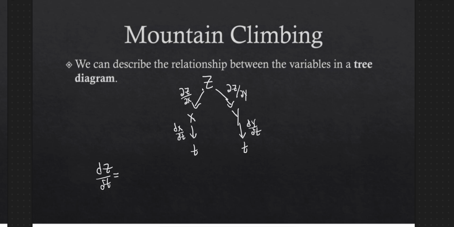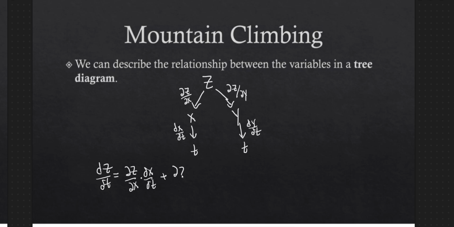And we're going to take products as we move down a chain. So from z to t, we did partial z, partial x, and multiply that by dx dt. Plus, now there's another chain going down to t, so I'm going to add that to this. This is another way that z can change with respect to time, so it should make sense that we're adding it.